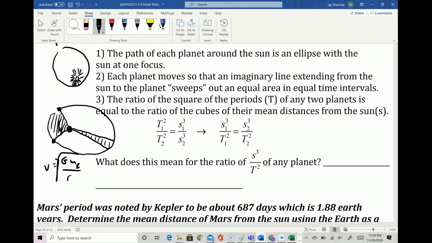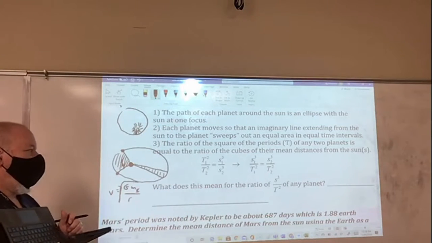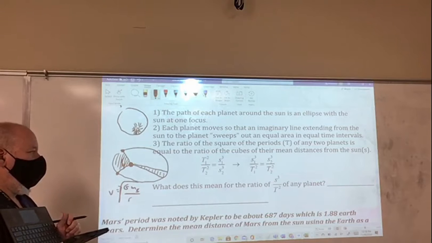But again, the ratio of the period squared is equal to the ratio of the average distance cubed. Or we could say that the distance cubed divided by the period squared of one planet is equal to the distance cubed divided by the period squared of the other planet.